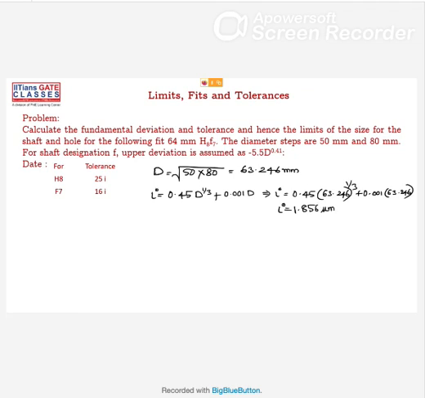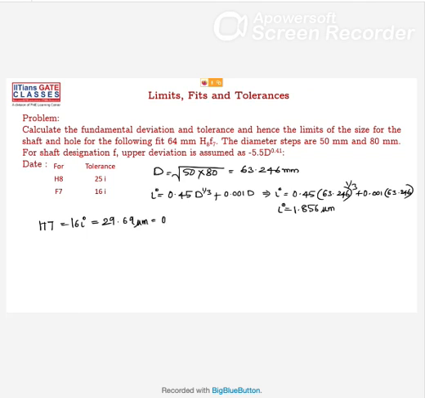So for IT7, I told you that the tolerance width will be 16 into I, which is 29.69 microns as I calculated here. I'm writing the answers because there's no time to waste.